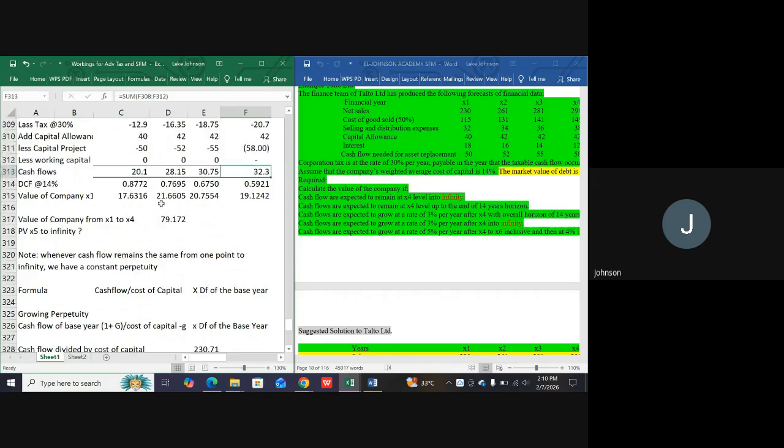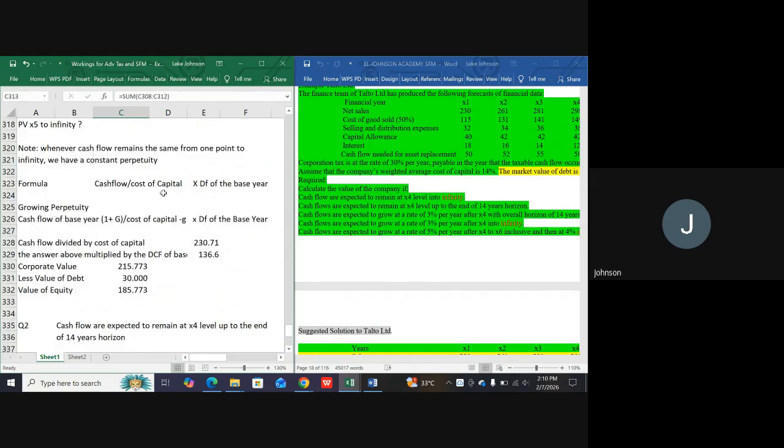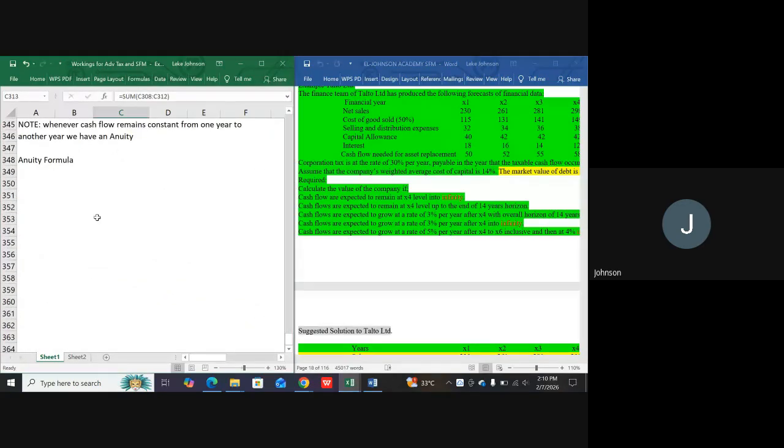So that means that whenever cash flows are different, they are distinct, there is a discounting factor that we normally use for distinct cash flows. For cash flows that are different, there's a discount factor that we normally use for it.